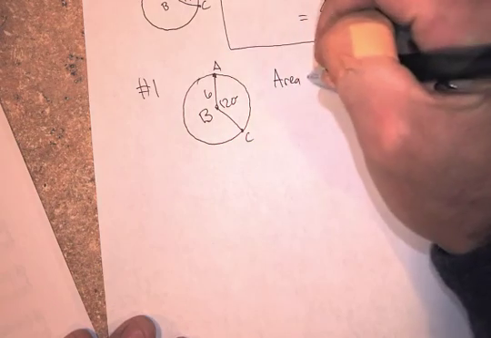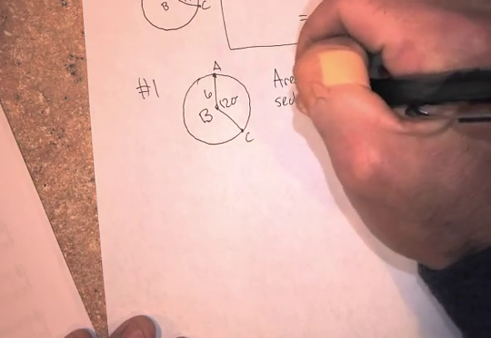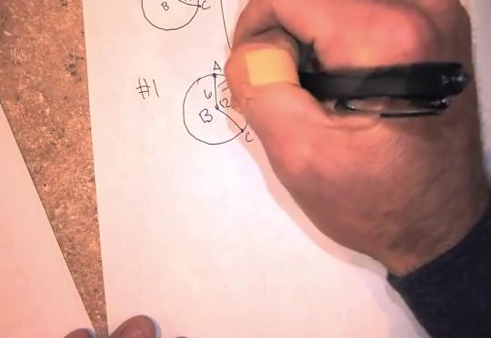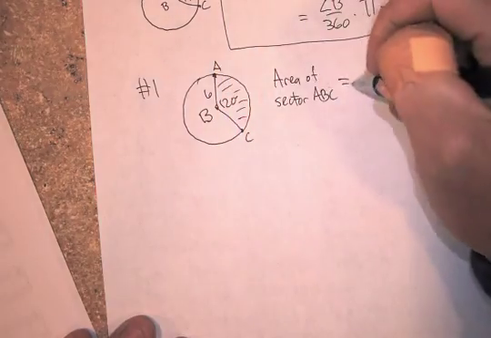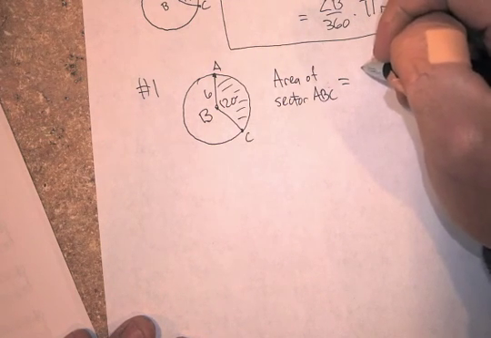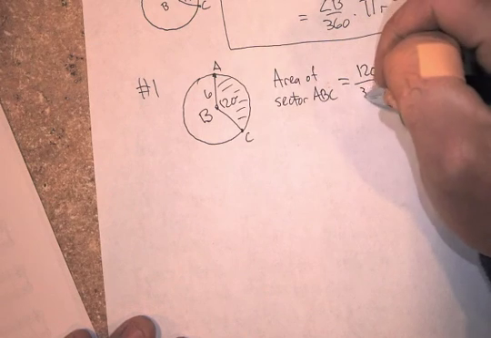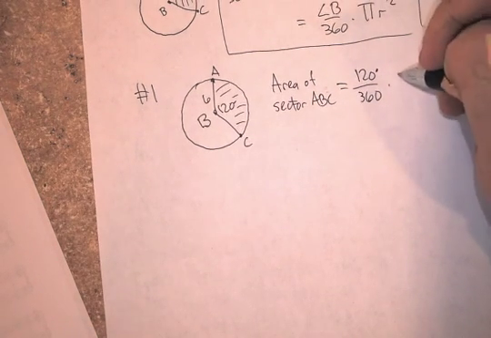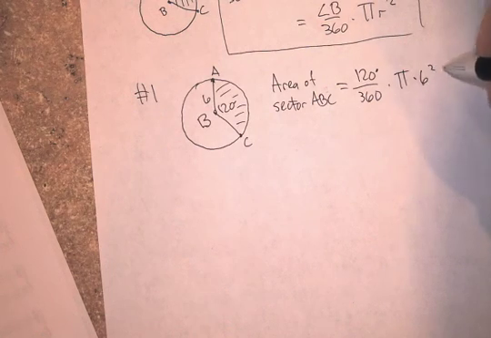All right, so the area of sector ABC is what we're finding in this area. Okay, angle B is 120 over 360. Times that by, right here, pi r squared. So pi times 6 squared.